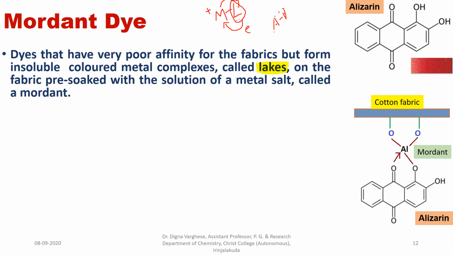The dyes have a very poor affinity for the fabric, but the fabric is pre-soaked in the metal salt solution, so that is called a mordant. And the dyes form insoluble colored metal complexes, known as lakes.